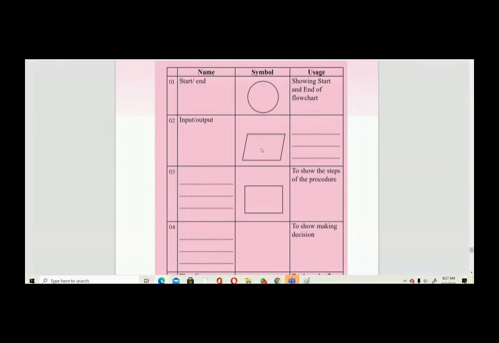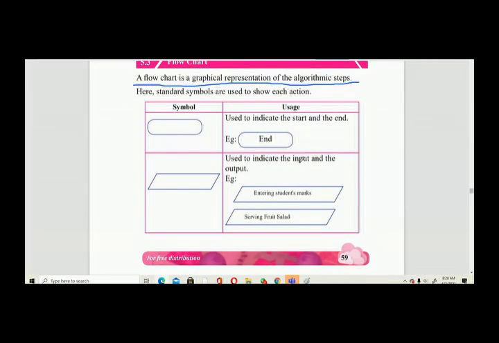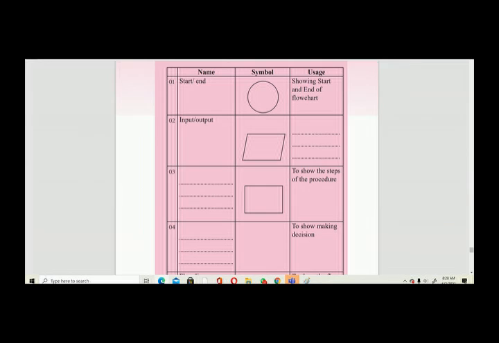This is the shape. So what is the usage? To indicate the input and the output. These are given in your book, so you can write here to indicate the input and output.